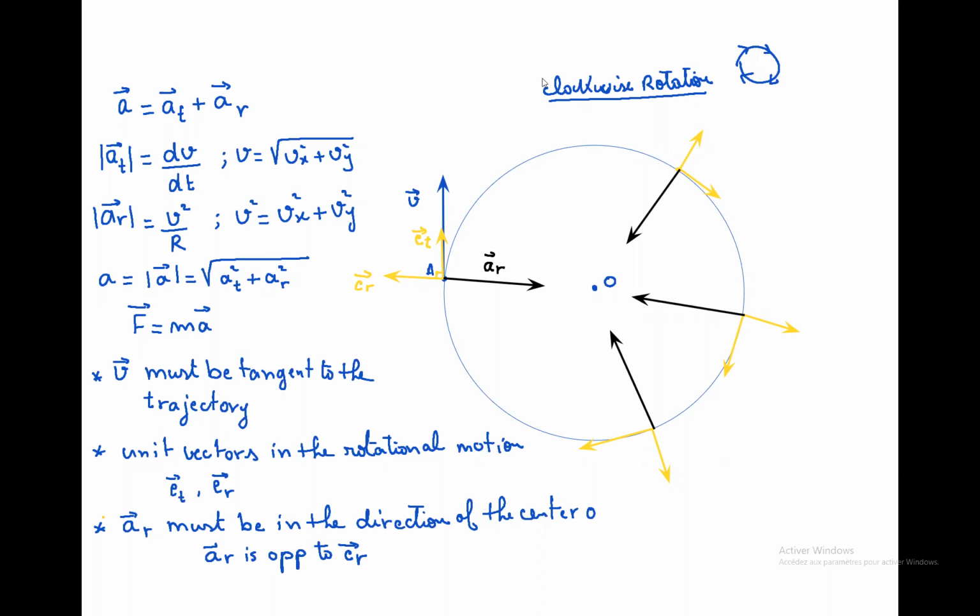As you see here, at any point ER is opposite to AR. These are the conditions. Now we are talking about the conditions of the E tangent, ER, and AR. How can we draw each one?